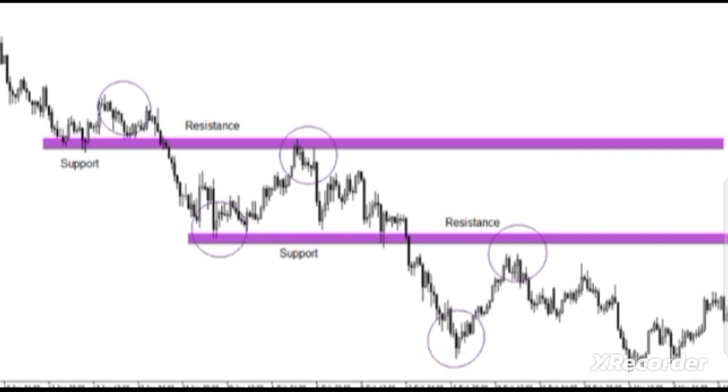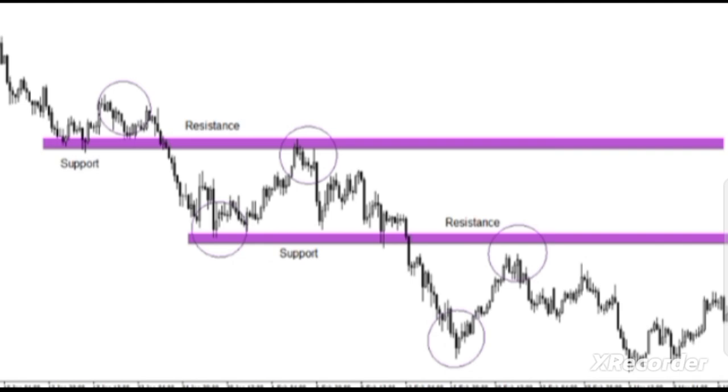Once you detect it, you mark the significant zones, significant levels where price has reacted strongly previously. Areas that have a reflection of strong historical market behavior. You mark them down.